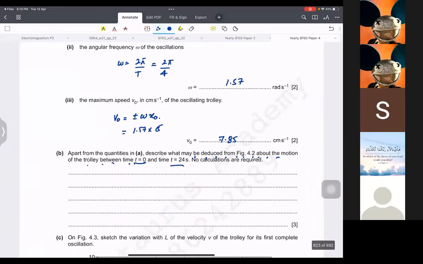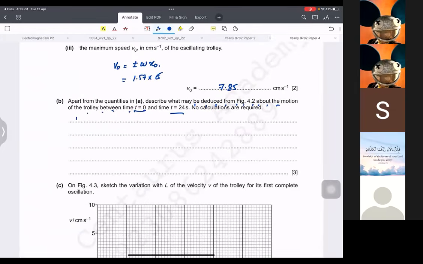So you can write that the car started from 5 centimeter right of equilibrium.